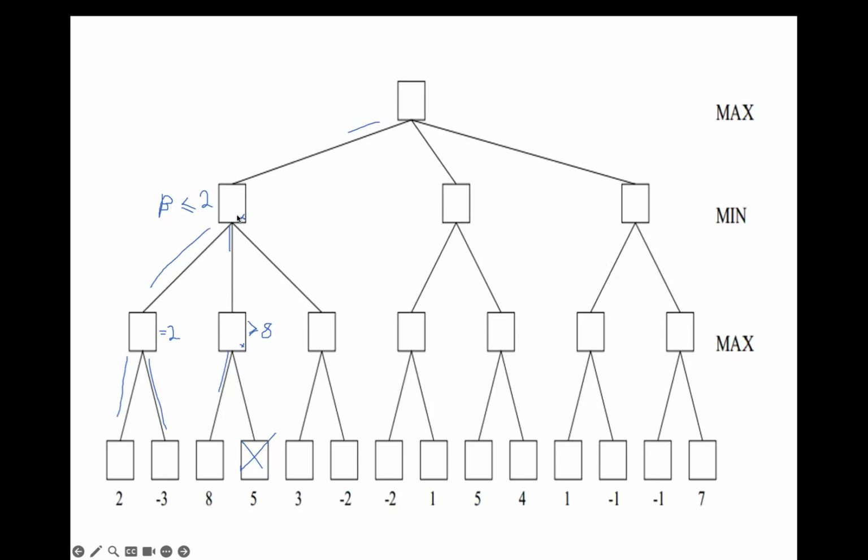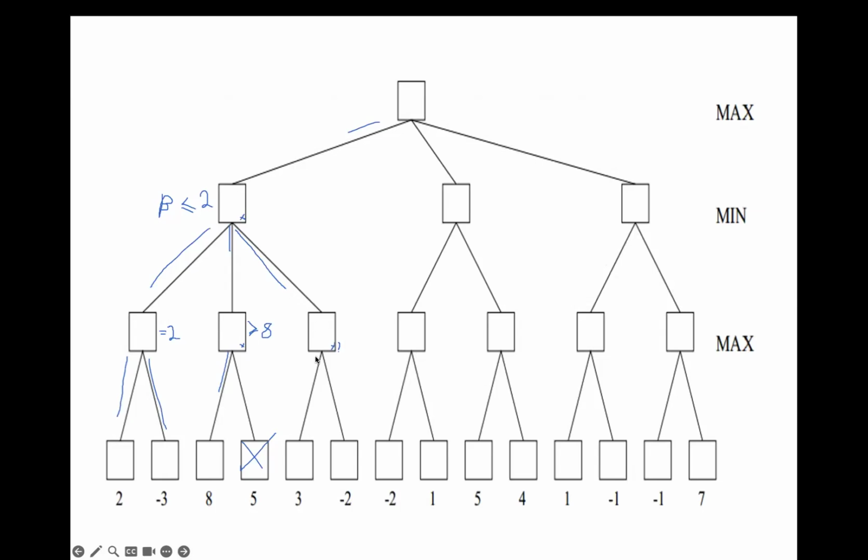Let's continue. We've considered this path. So now we'll come and check this side. So we need to compare again this one with that one. Now, we don't have anything here. We don't have anything here. So we come back to our row.